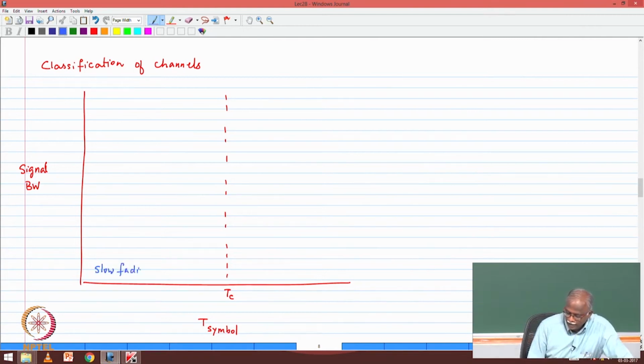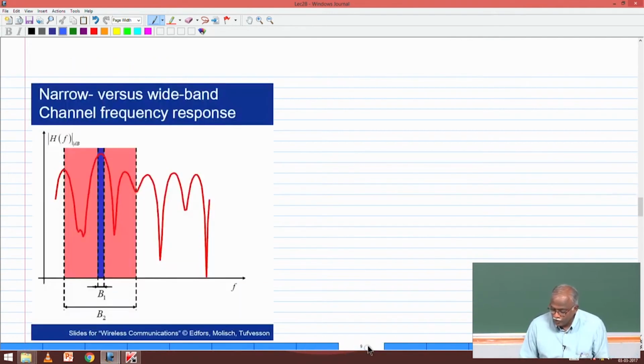And the minute the symbol duration crosses coherence time, that means within the duration of one symbol your channel is changing, then it becomes fast fading. In this context, I would like you to think about where cellular systems fall. Keep that picture in your mind.